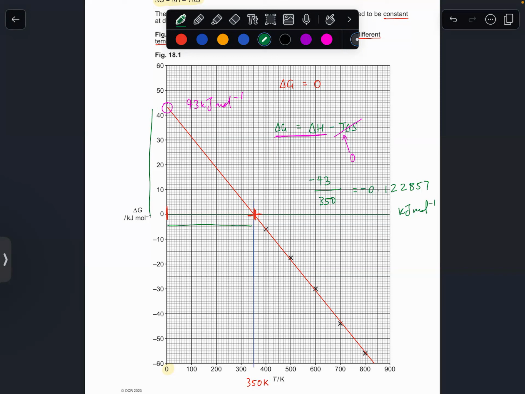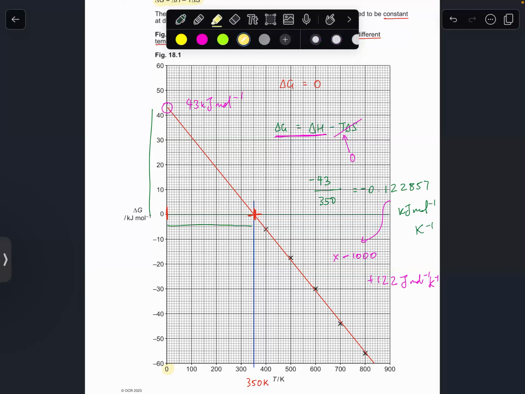I'm still puzzled as to what they're doing here. Why are they converting it into the gradient? It's gained entropy, so it's positive. They're multiplying this answer by minus 1000 to give you plus 122 joules per mole per Kelvin. Oops, I missed out per Kelvin here.